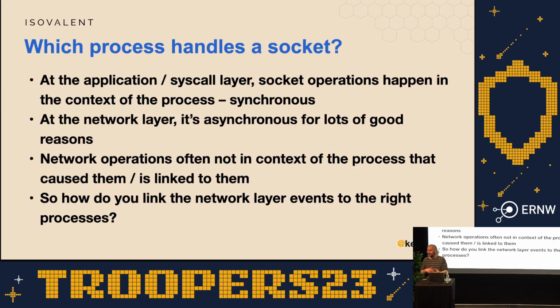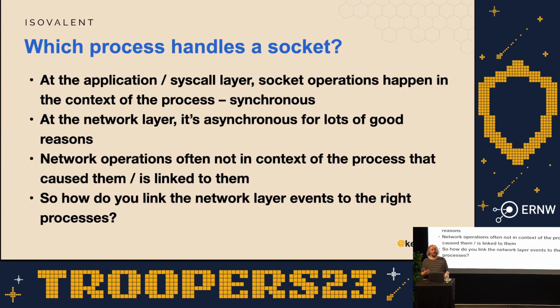We can pull its PID from its task struct. We can report that. With network operations, say you're setting up a TCP connection. You call connect. It sends out the SYN, and then time passes while we wait for that SYN ACK to arrive. And the kernel gets on with something else, and it switches out.